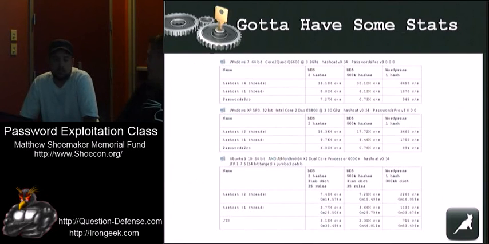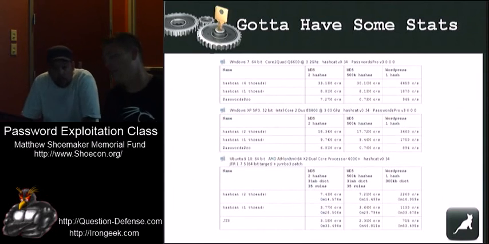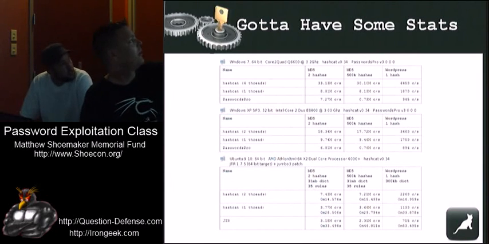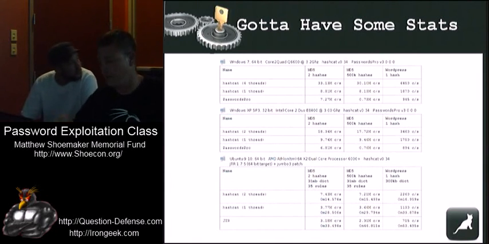Yeah, just jump over. Anyway, so you got to have some statistics. Everybody loves statistics. So I don't know if anybody can see this, but just real quick, we compare this against the Passwords Pro software. As you can see, Passwords Pro is only single-threaded and not multi-threaded, so it compares with Hashcat running on one thread.